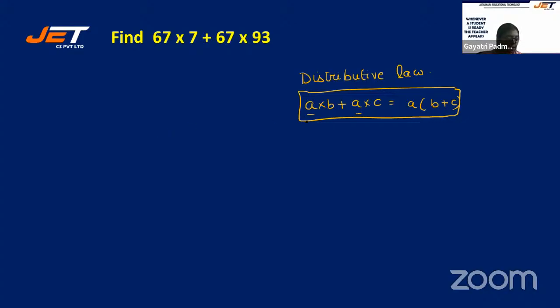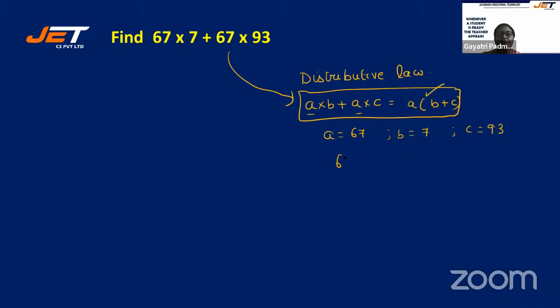Is it clear, students? So here we are assuming A to be 67. Okay. We are assuming B to be 7. We are assuming C to be 93. Okay. So now this is the one that they have given. Now let us do this.